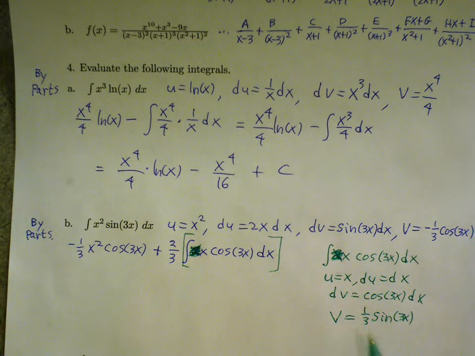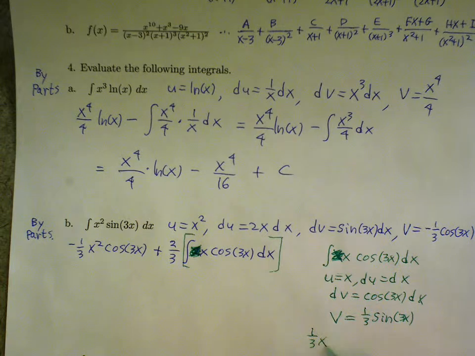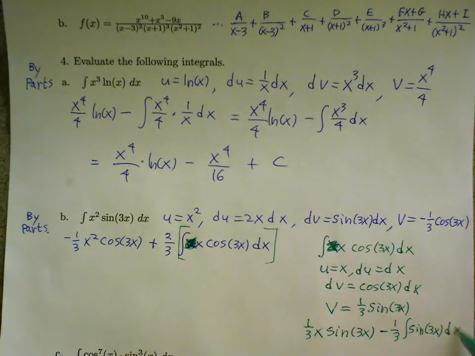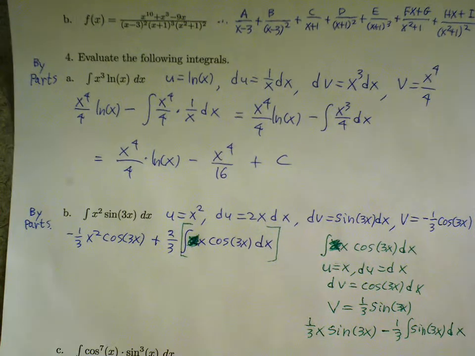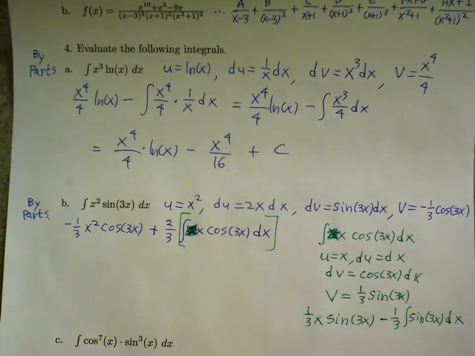Okay, so u times v, this one's 1/3 times x times sine of 3x, and then minus the integral of v du. So that's going to be minus 1/3 times the integral of sine of 3x dx. So we might as well finish this one, and then afterwards we'll put it up there.